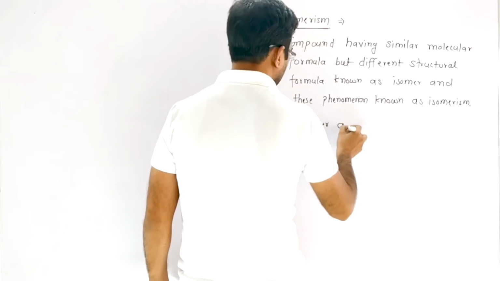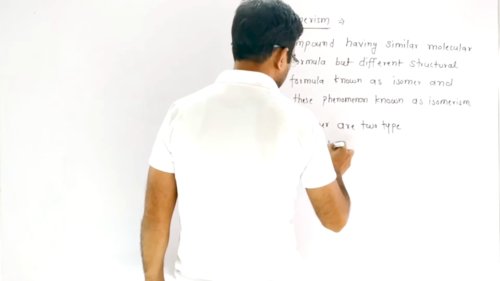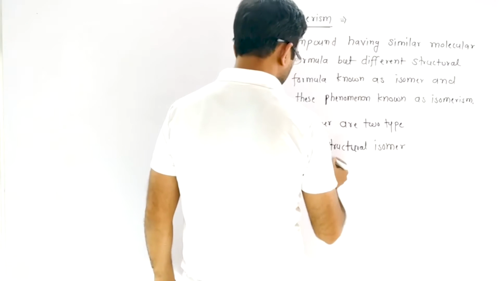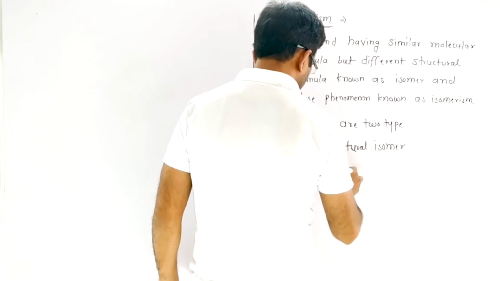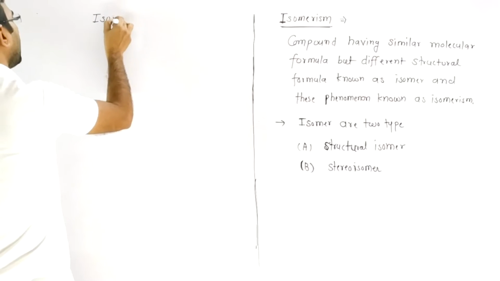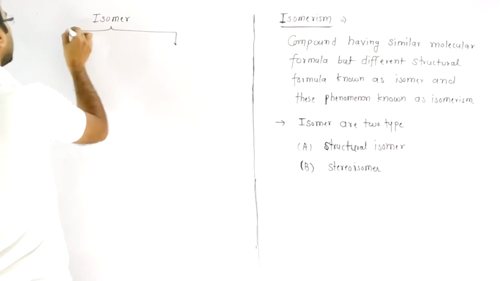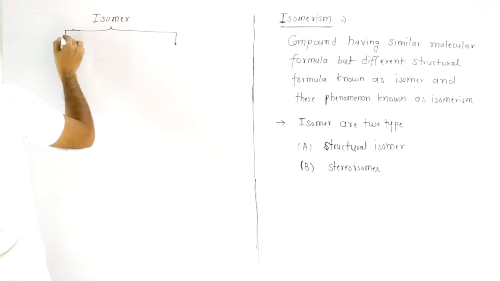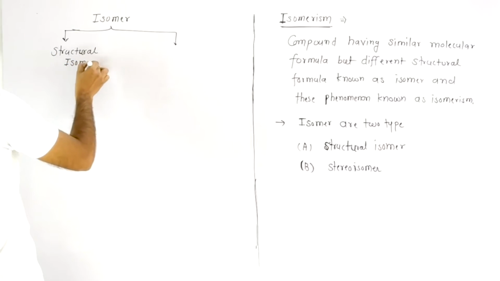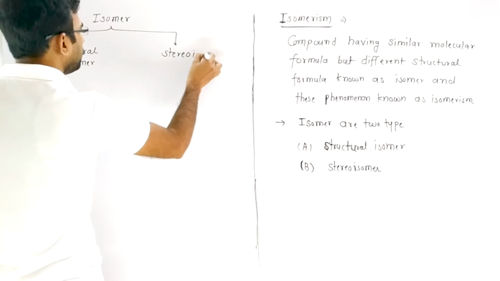Isomers are of two types. First, A, structural isomer. Next, B part is stereoisomer. So we classify isomers into two parts: structural isomer, and second is stereoisomer.